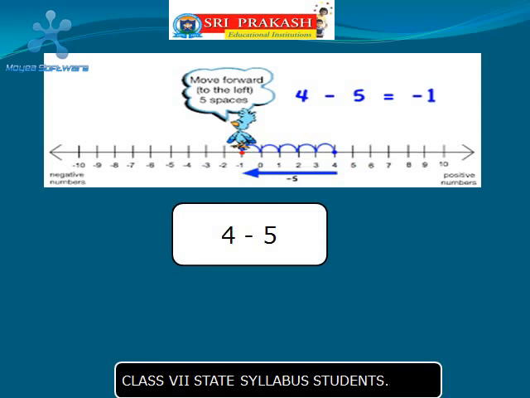The second number is minus 5. Minus means we should move towards left hand side by 5 spaces or 5 units. 1, 2, 3, 4, 5. We reach at minus 1. So the answer for 4 minus 5 is minus 1.